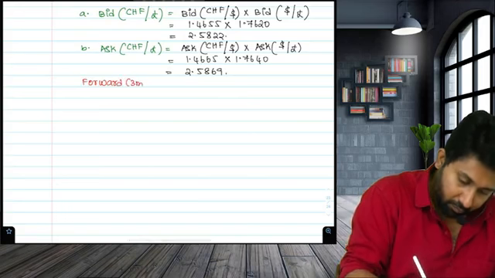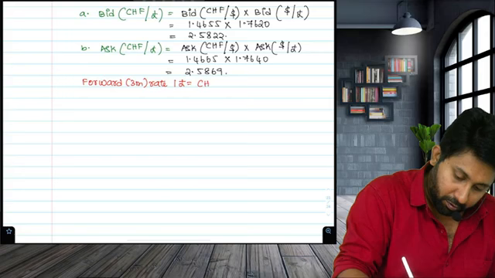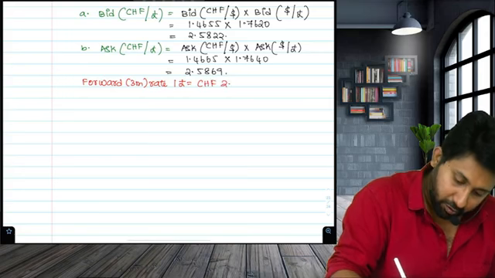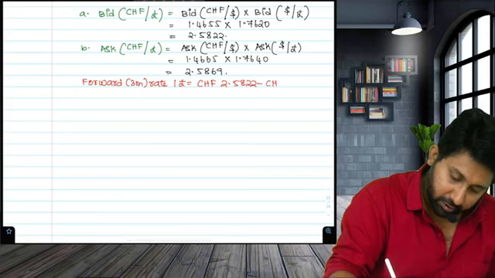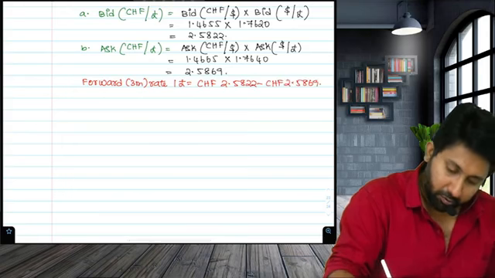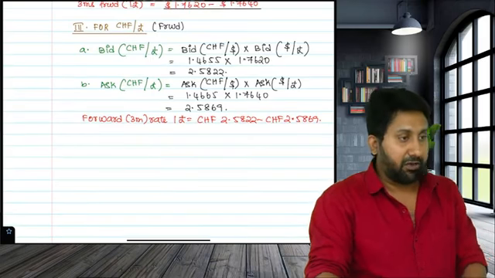Three months rate CHF by pound: 2.5822 dash 2.5869. So this is the forward rate that we have obtained.